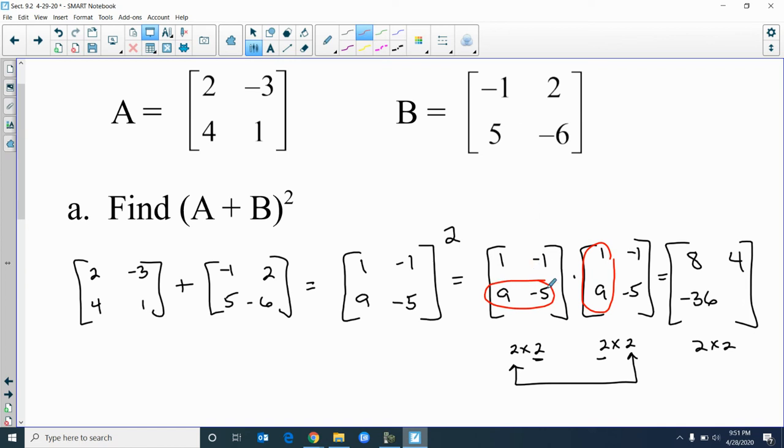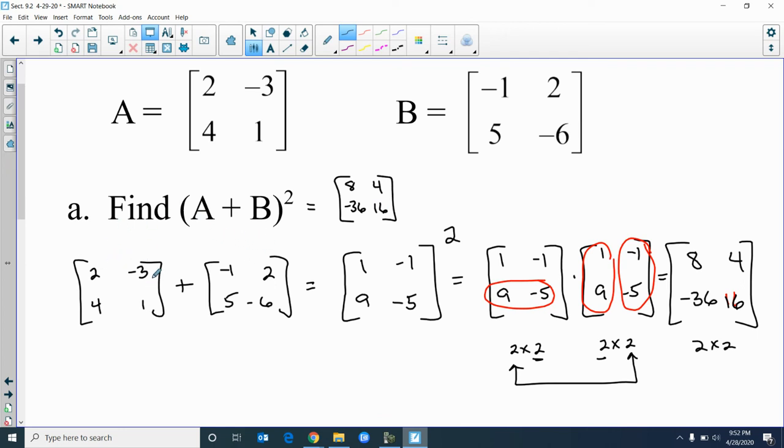And then row 2 times column 2, that's 9 times -1 is -9, plus 25 gives me 16. There's our final answer. A plus B quantity squared for this one is 8, 4, -36, 16. It is a 2 by 2 matrix.